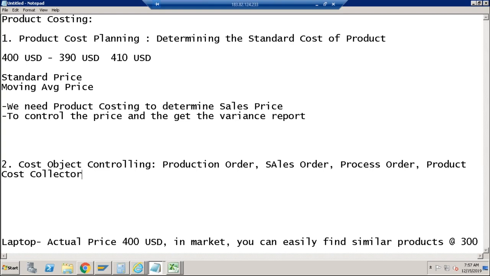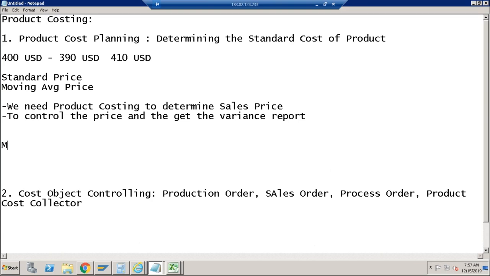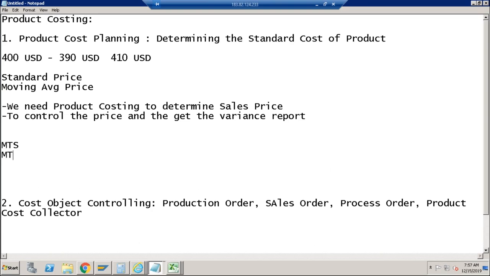What do you mean by this? See, one is that you determine the cost of the product. Once you determine the cost of the product, next you are going to manufacture that particular product. So there are two scenarios, right? Whenever you are selling any particular material, there are two scenarios, MTS and MTO.